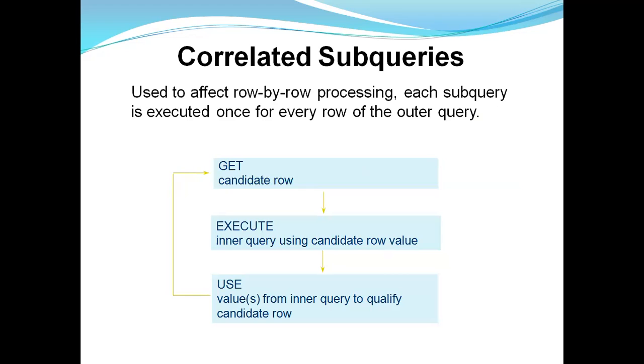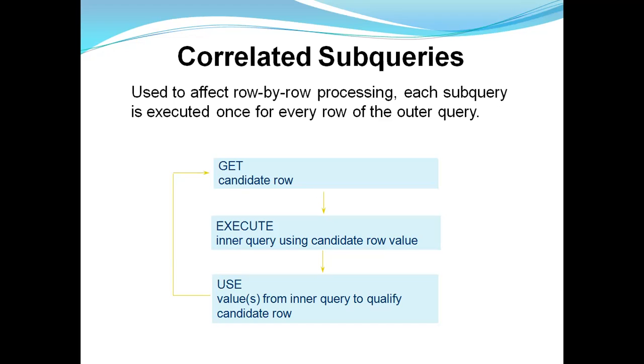So how does the correlated subquery work? The difference between a simple subquery and a correlated subquery is that usually the rule of a subquery is that it has to execute once and pass that result to the outer query. Once it passes the result, the subquery's work is over.